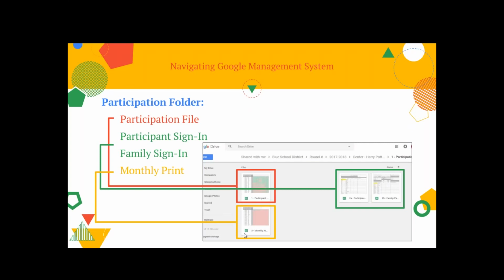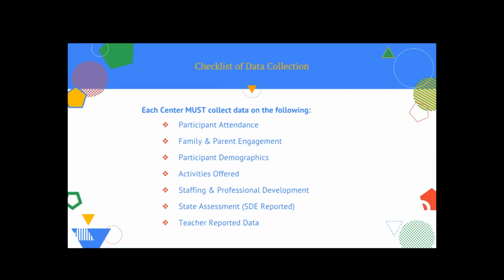So in this example, you can see here's the participant folder, and we have several files in there. Now, as a quick reminder, make sure you know what data is required to collect. Again, each of these topics has its own video and guidance document to help you know what exactly is required.